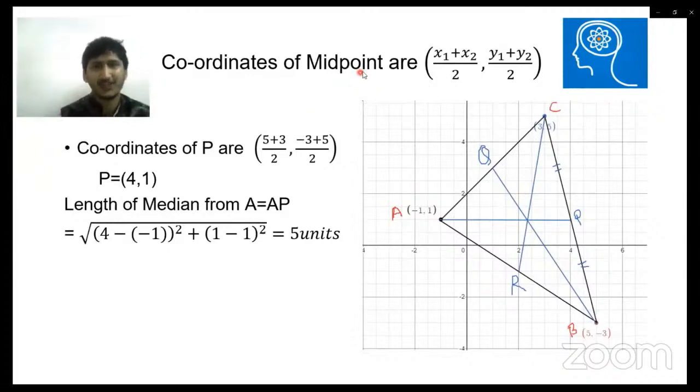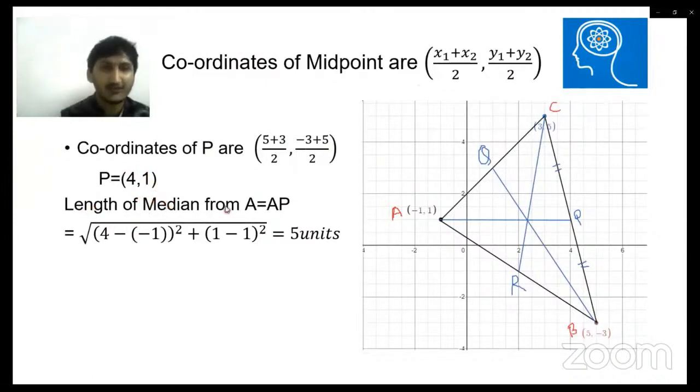That is, the coordinates of the midpoint of 2 different points will be equal to x1 plus x2 divided by 2 and y1 plus y2 divided by 2. So the coordinates of point P are 5 plus 3 by 2 and minus 3 plus 5 by 2. That is 4, 1.